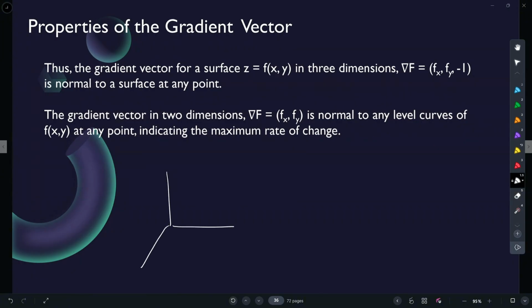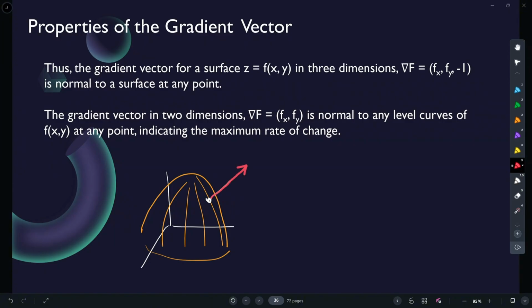So suppose I have some graph like this. Okay. At any point in here, if I want to figure out what the normal vector is, my normal vectors are usually in red. That normal vector to the graph at that point is given by the partial with respect to x, partial with respect to y, minus 1. That vector gives me a normal vector to the surface at that point.